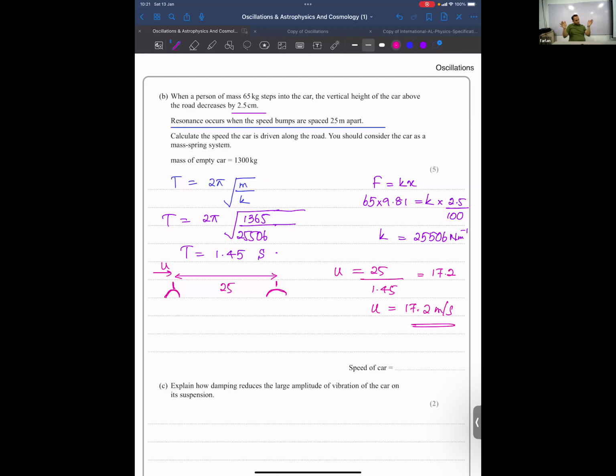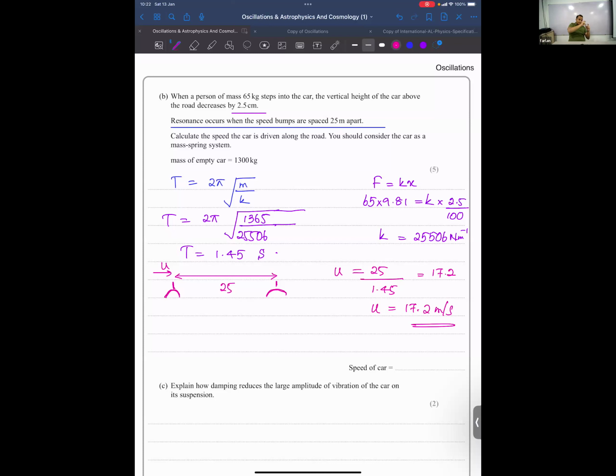So the time taken between the two bumps, one over that time, is the driving frequency. It is the frequency at which the spring system is forced to vibrate. The spring will take 1.45 seconds to complete an oscillation.